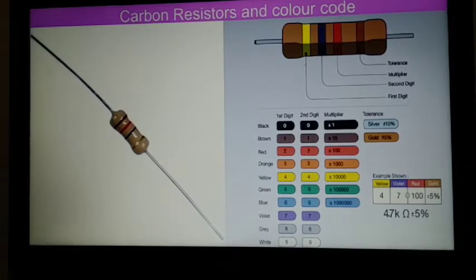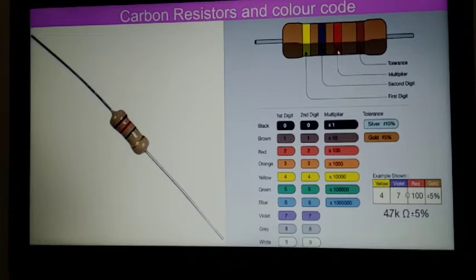The number of the first colored ring is the first digit in its value. The number of the second colored ring is the second digit in the value.